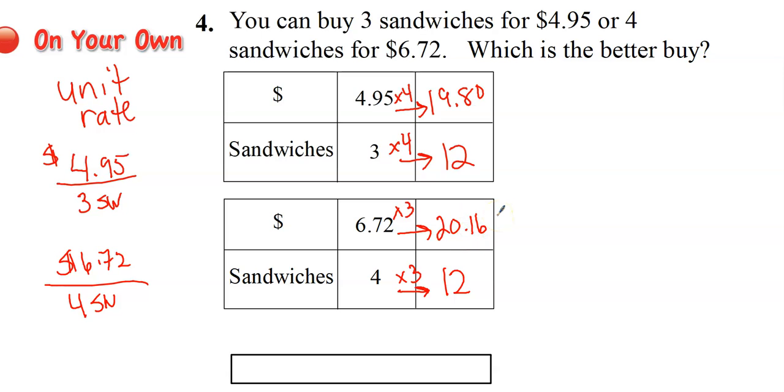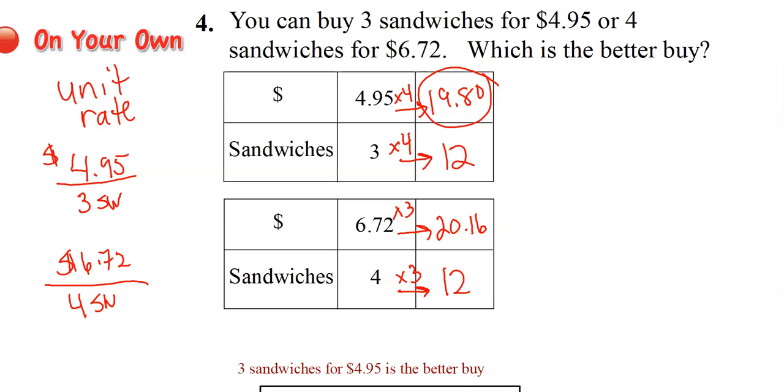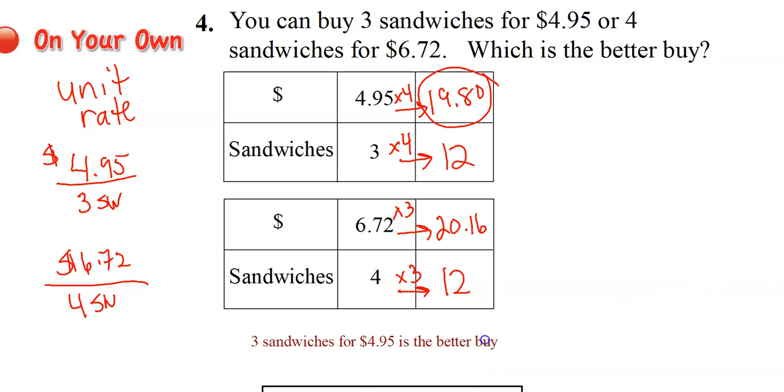Now again, it's not that I want to buy 12 sandwiches. I'm trying to find out which one is cheaper. So if I'm going to buy sandwiches, I'm not buying 12, but if I did, it costs $19.80 and the other one costs $20.16. Okay, it's not much, it's 36 cents, but it's still the better buy. So 3 sandwiches for $4.95 is a better buy, right? So that's what I'm going to do.